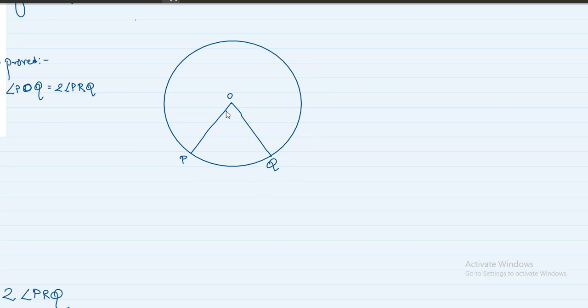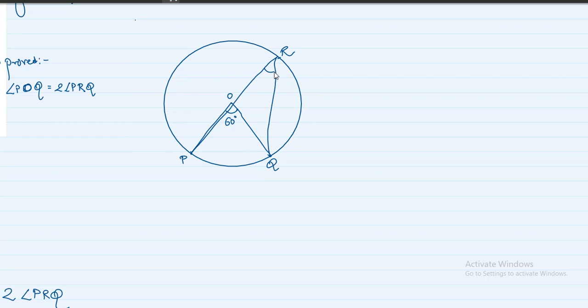Okay, so if this angle, let's say, is 60 degree, okay, I will take these 2 points and I will make an angle on the remaining part of the circle. Now this arc is making an angle at the center of the circle. Let me make an angle over here. Let this point be R. I'm just going to connect this point here and this point over here.